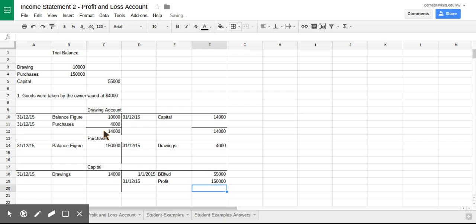The bigger side is going to be the credit side in this case, so that total is going to be 60,000. The total on the debit side needs to be 60,000, and therefore we're going to have a balance carried forward. The balance carried forward is going to be 56,000.